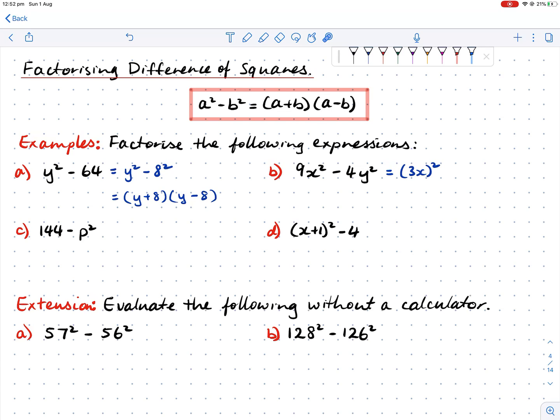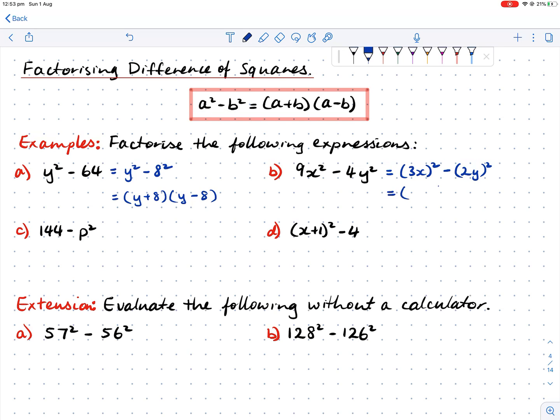If I square the 3 and I square the x, that's how we end up with 9x squared. Then we've got a subtraction, and the other term, 4, is 2 squared, so it's going to be 2y all squared. So 3x is our a value, and 2y is our b value.